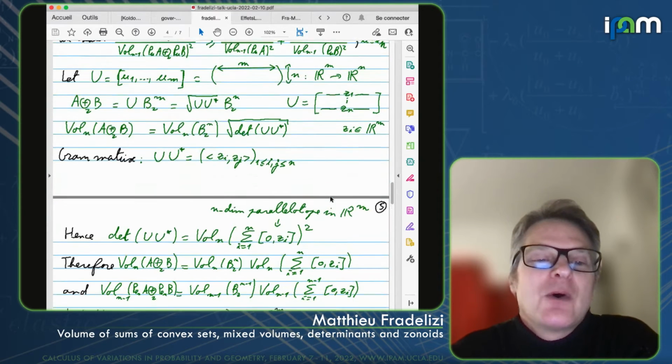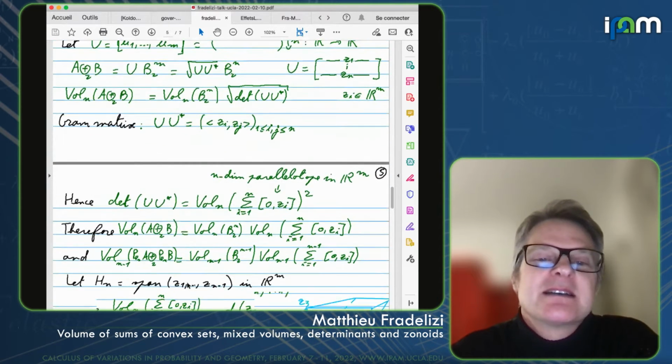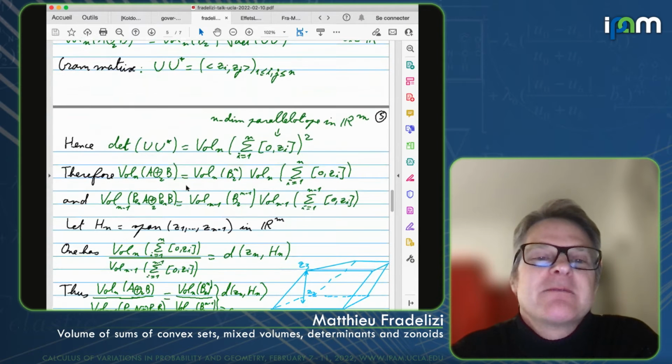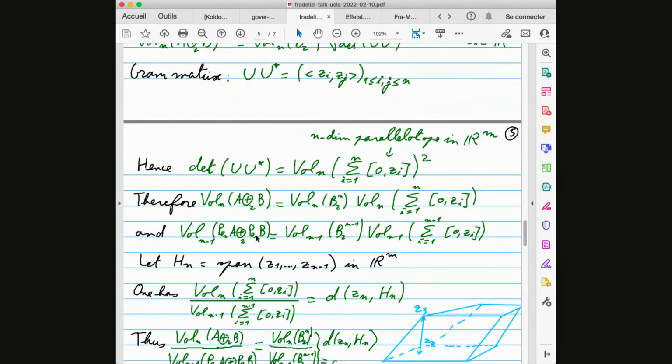Okay. So if I compute this, I can apply the same formula for the volume of the projection. The projection of A plus the projection of B is the same, but I'm canceling the last line. So I get the same volume formula, but with n-1 lines. So I get this constant times the n-1 volume of this parallelotope, which is the same, but I take only one vector less.